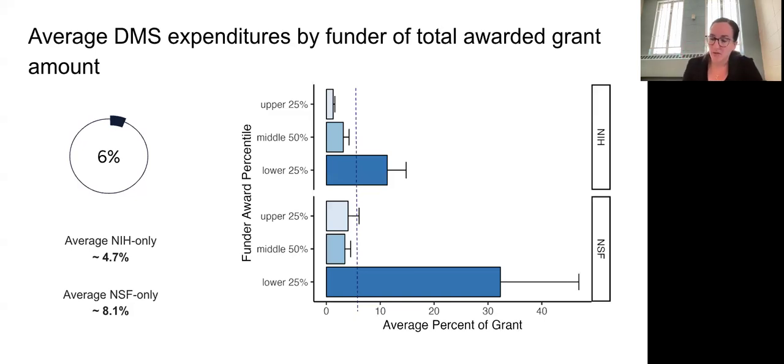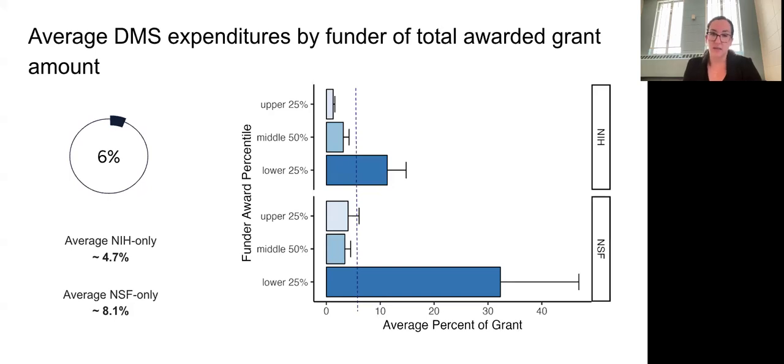Again, slightly lower percentage-wise for NIH grants, slightly higher for NSF, but what was startling to us is how much higher that is for the lowest range of grants. So for people in grants in that lower 25th percentile, both in NIH, but particularly for NSF, who had the smaller grants in the sample, the amount they're spending on data management and sharing to meet these requirements is huge compared to their overall grant.